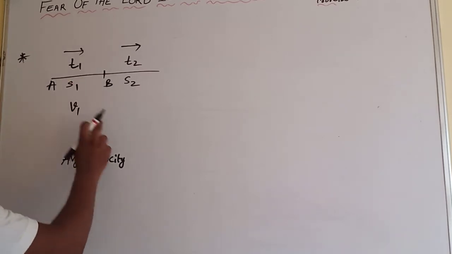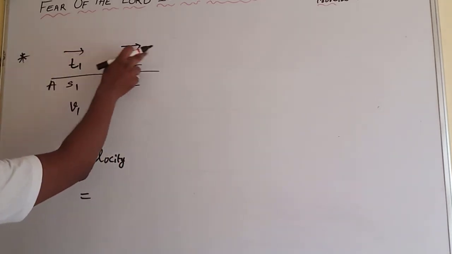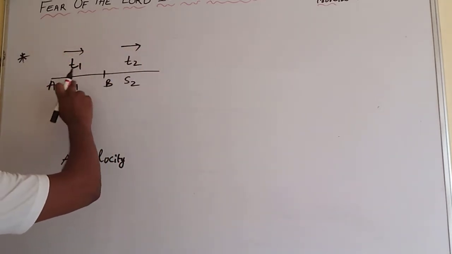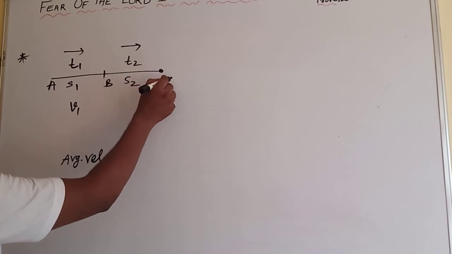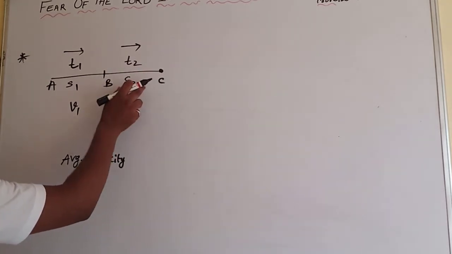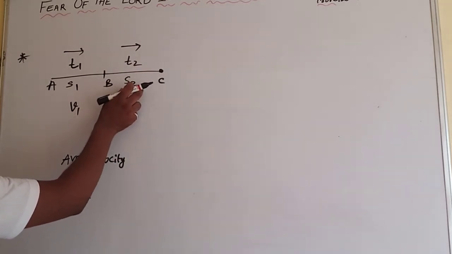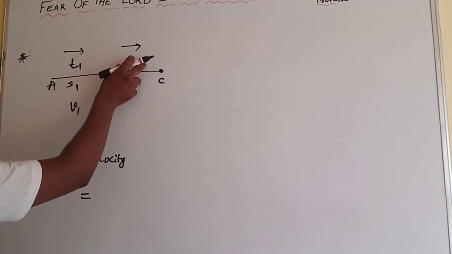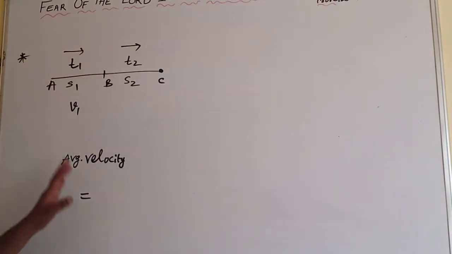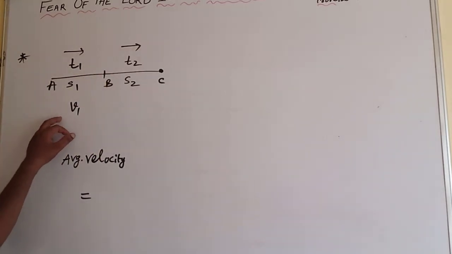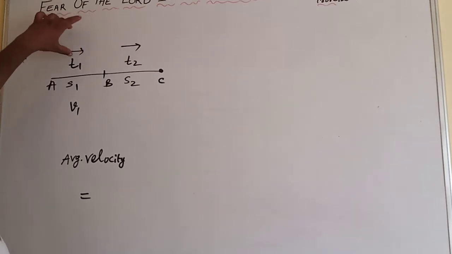It is in the same direction. In the horizontal motion, this point is C, and from B to C the displacement is S2, the time taken is T2, and the velocity given is only one, that is V1. They gave only one clue, that it was in the same direction. If that's the case, what is the average velocity?